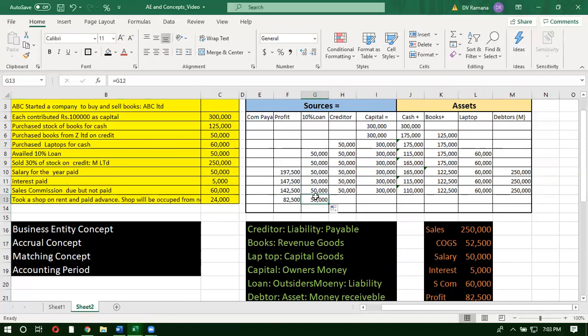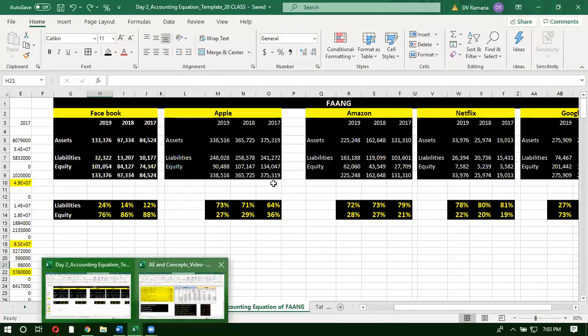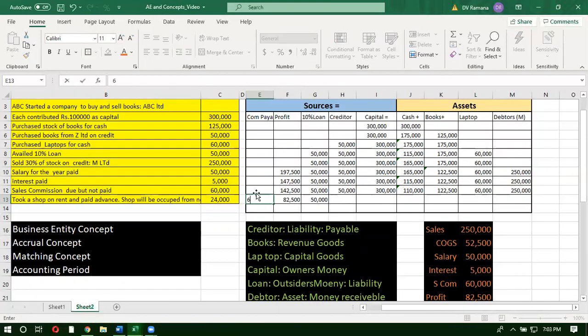So commission payable is 60,000, and the profit has come down by 60,000.